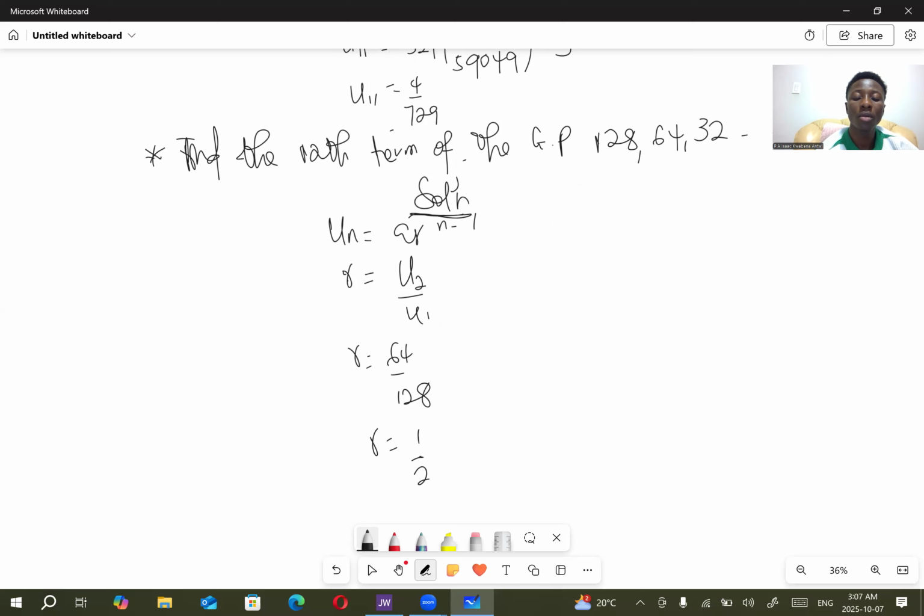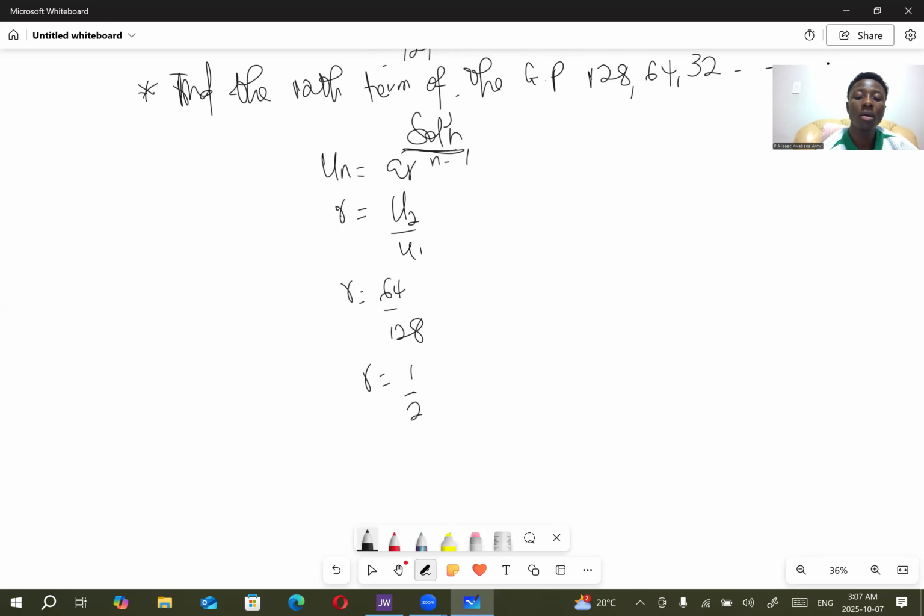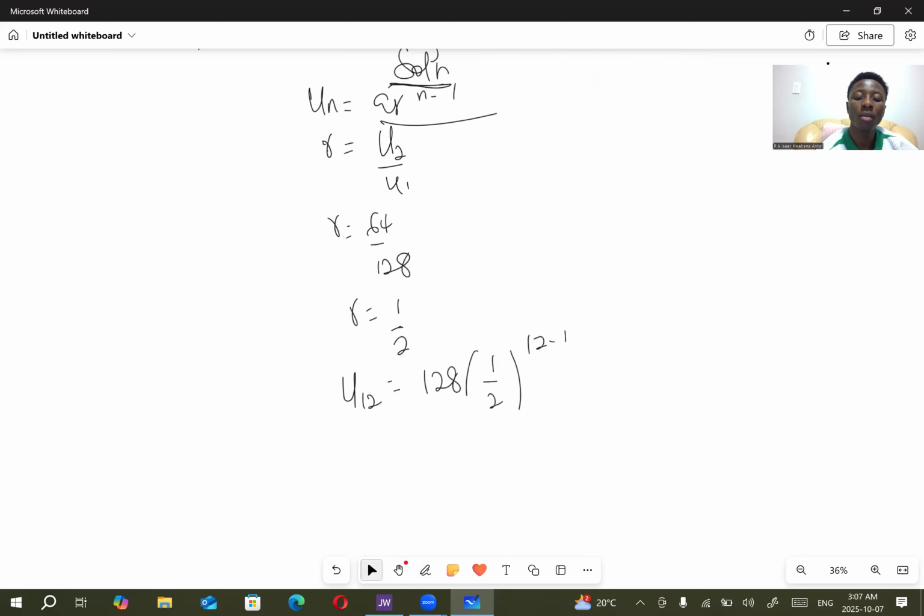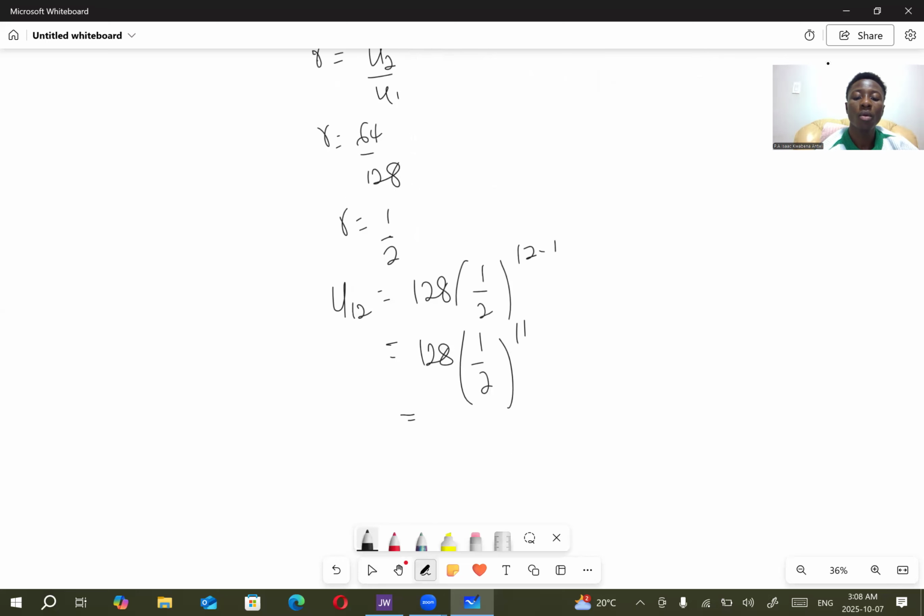So now your answer: the 12th term, a is 128, r is 1 over 2 exponent what? 12 minus 1. So you have 128 times (1 over 2) to the power 11. That would become 128 times 1 over 2048.